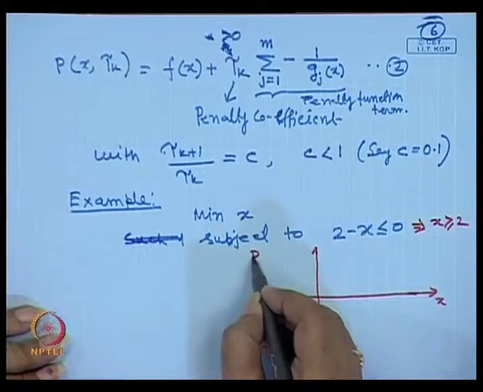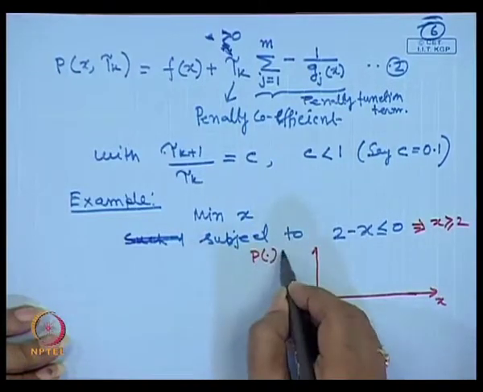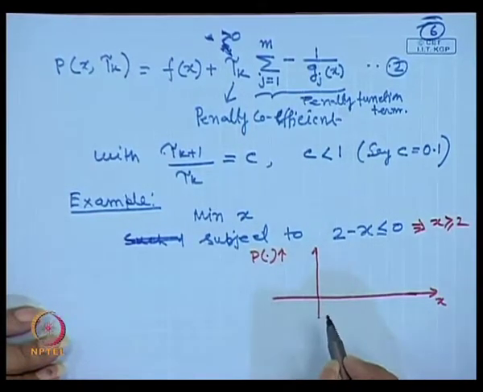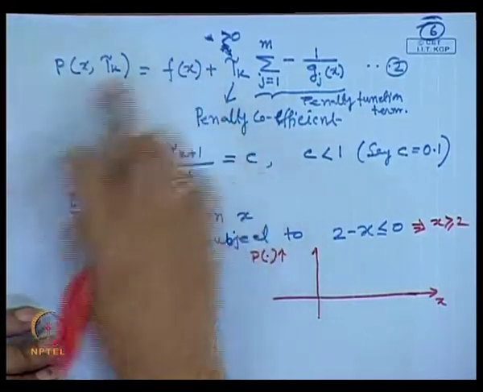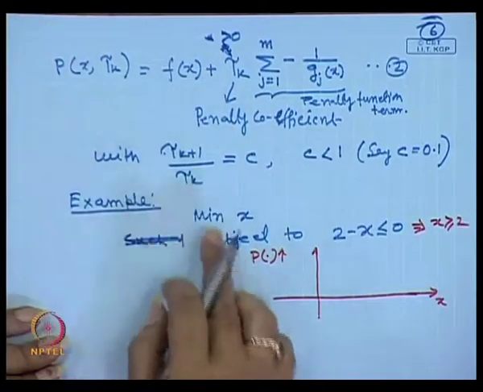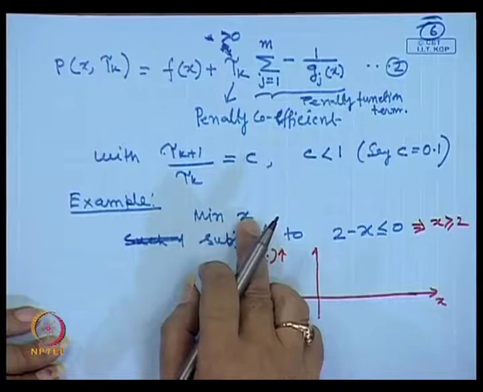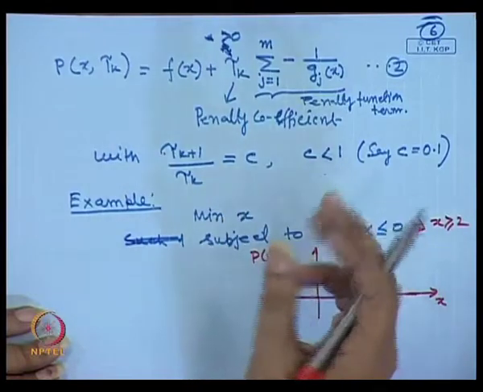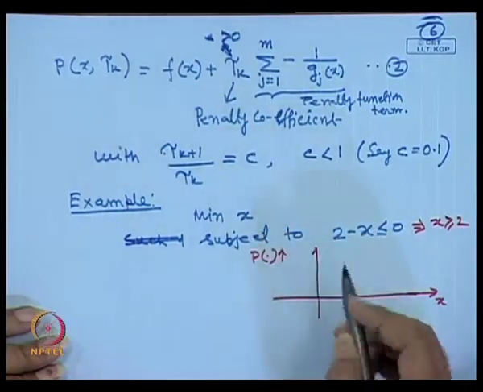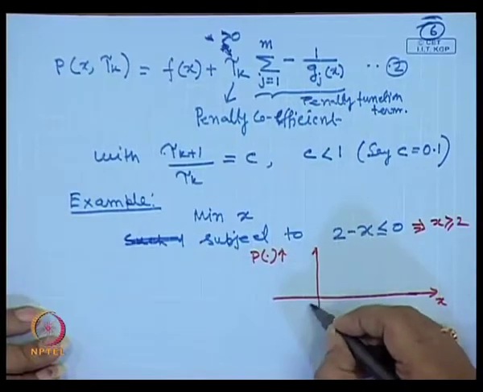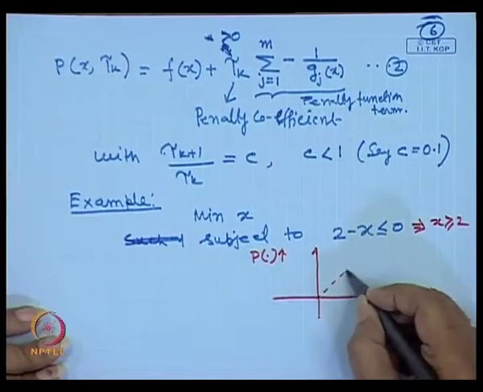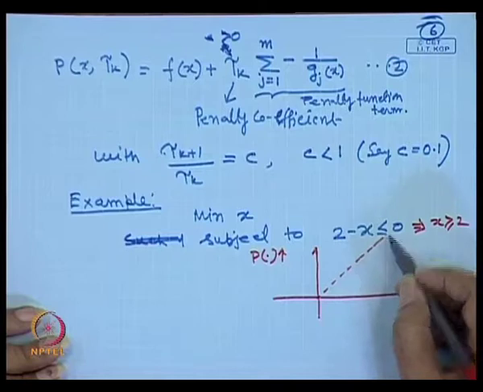That means this method will not allow crossing the boundary of the feasible region. So, that is why, as tau k value is slowly reduced, it will approach asymptotically the objective function near the boundary of the feasible region. That is our main objective.